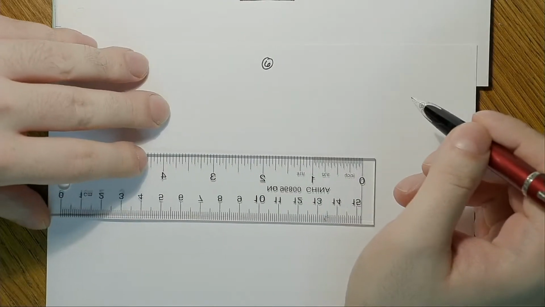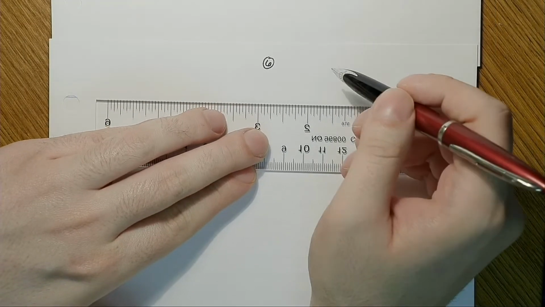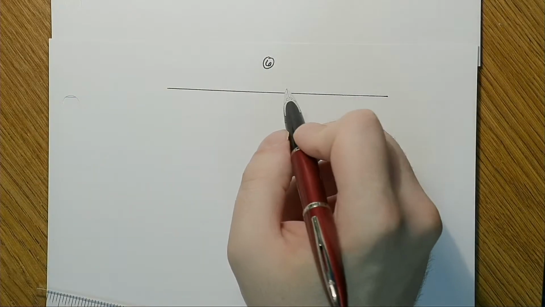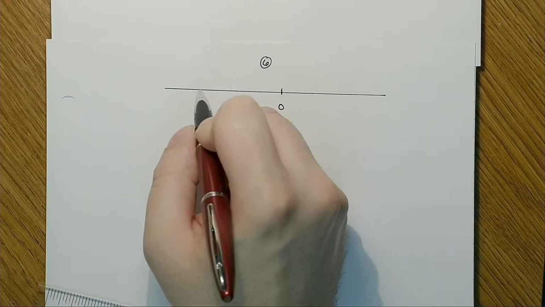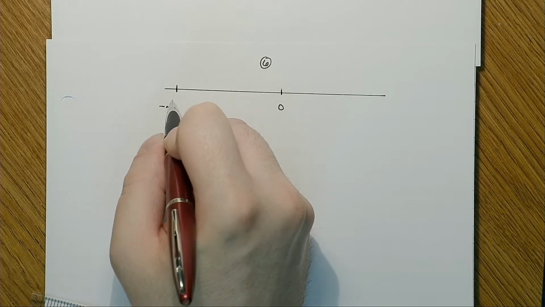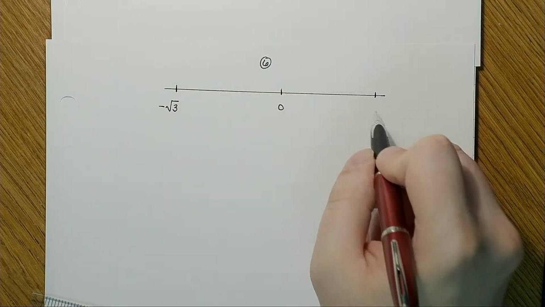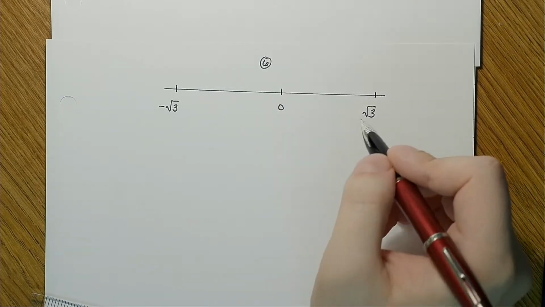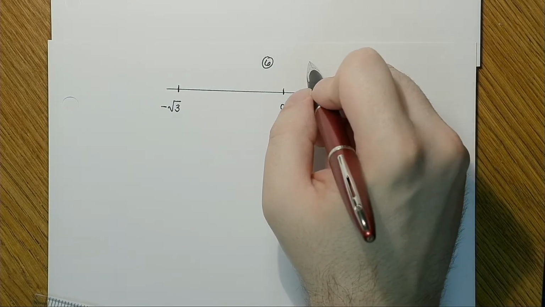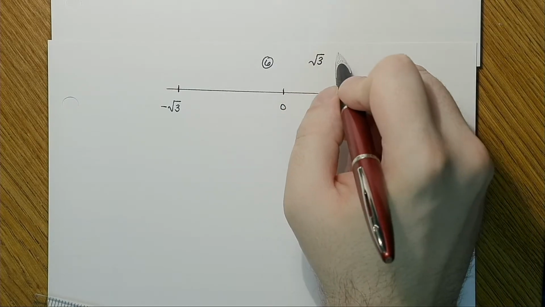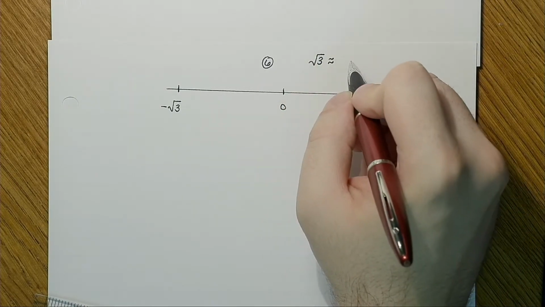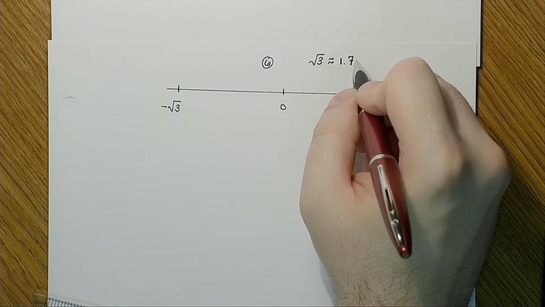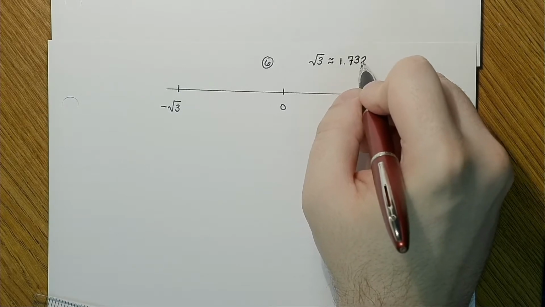So at this point we'll draw our line and split things up. I have 0, and then negative square root of 3, and on the right-hand side a positive square root of 3. Square root of 3 is approximately 1.7321.